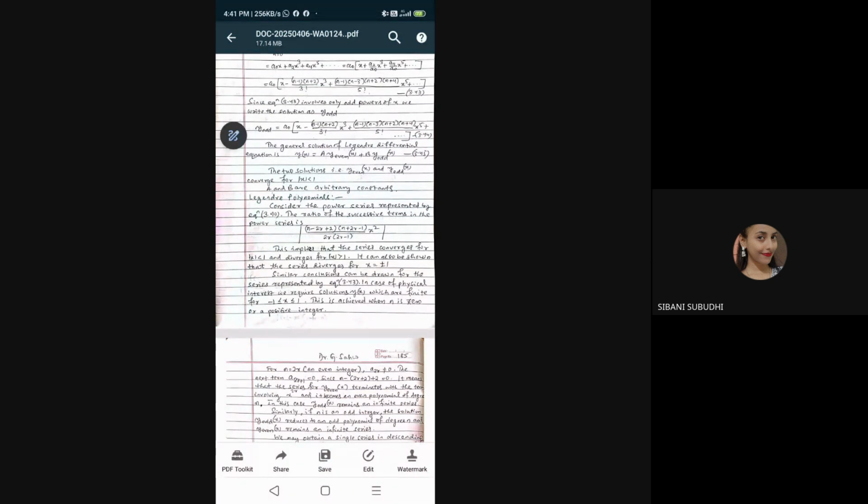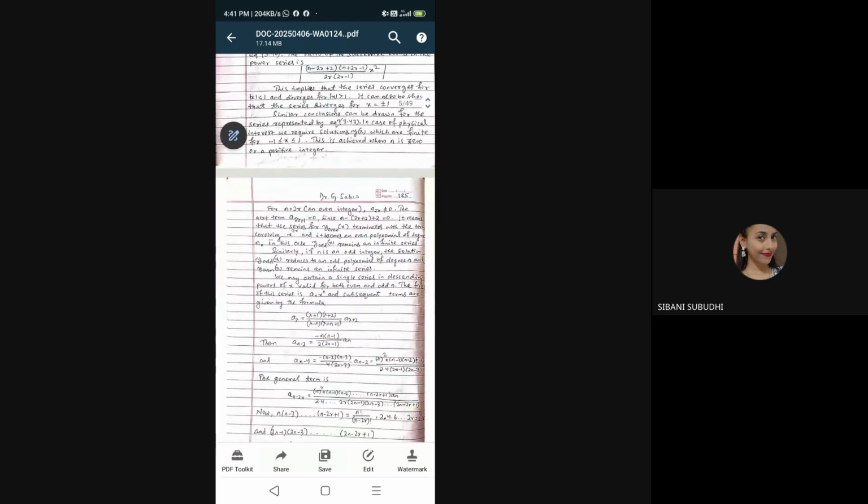Then the ratio of successive terms of the power series will be (n minus 2r plus 2)(n plus 2r minus 1) by 2r(2r minus 1), multiplied by x square, in modulus. This implies that the series converges for modulus of x smaller than 1 and diverges for modulus of x greater than 1. It can also be shown that the series converges for x equal to plus minus 1. Similar conclusions can be drawn for the series represented by the other equation.